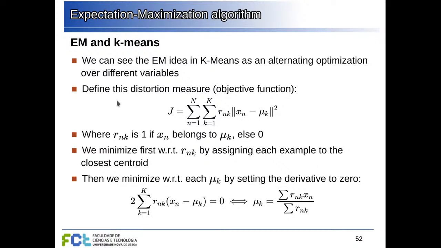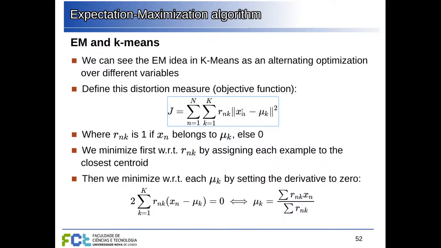So let's suppose that what we want to do is to find the minimum of this objective function, which is for each point in our data and for each cluster, we are going to compute the difference of the point to the centroid of each cluster. This r_nk function here is just 0 or 1. It's 1 if point n belongs to cluster k and 0 otherwise.